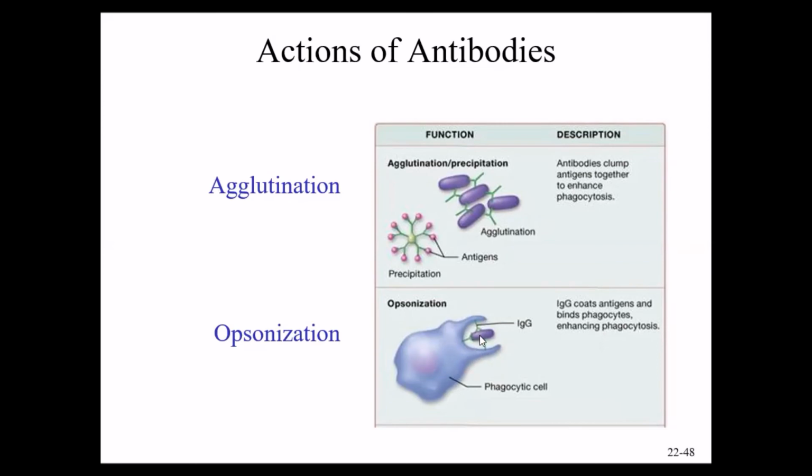You're binding the antibody with the pathogen, but the antibody also binds with the phagocytic cell. And so you create an ideal situation to help that phagocytic cell engulf that particular pathogen, whether it's a bacteria or some type of microbe.